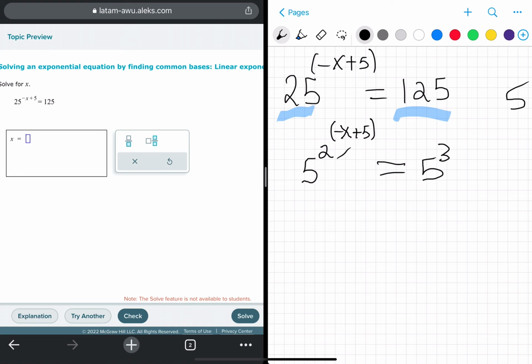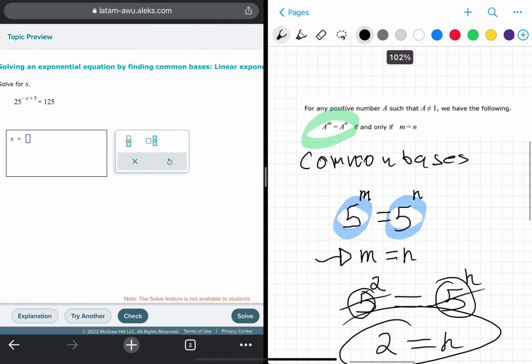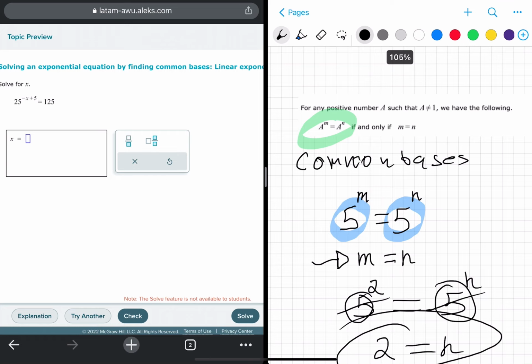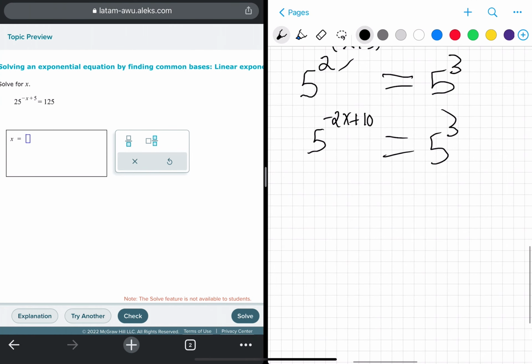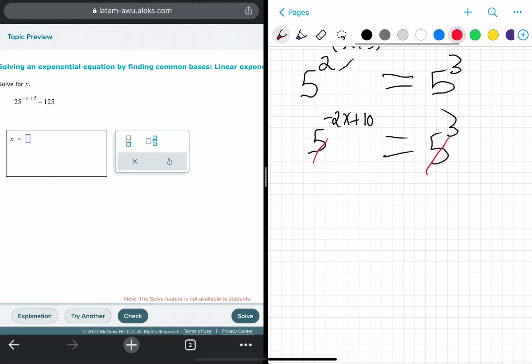Now here I'm just going to do some math. That is equal to minus 2x plus 10 equals 5 to the 3. And now, because of this rule that I told you before, because I have common bases, I can cancel this and this, and I'm going to work only with the exponents.